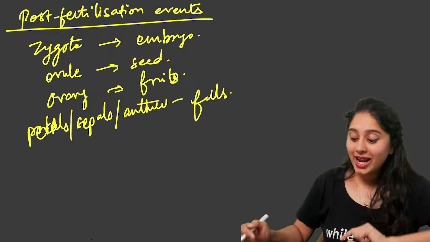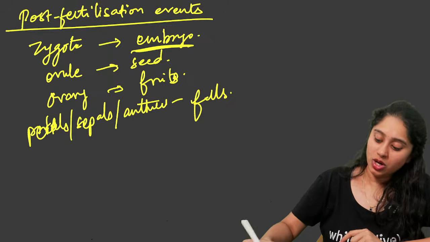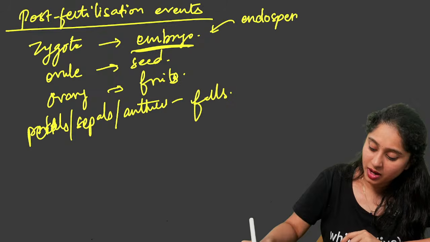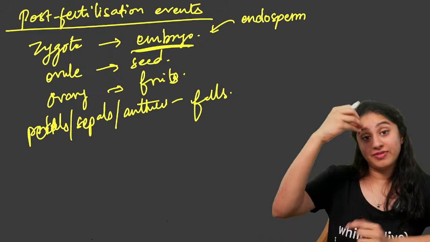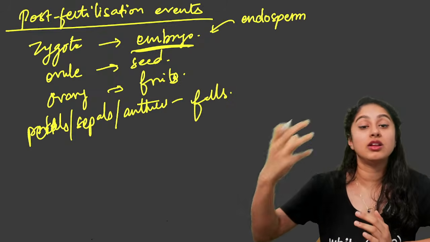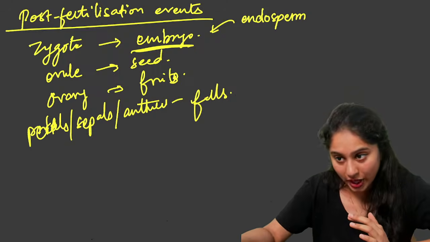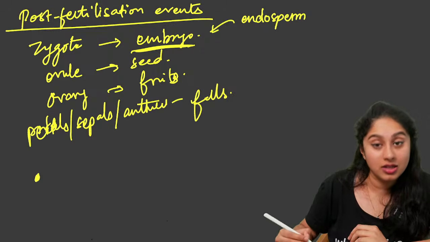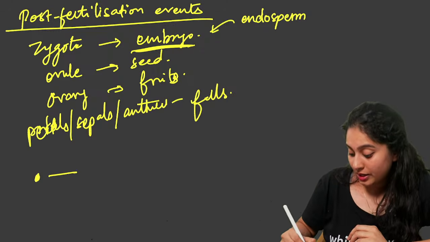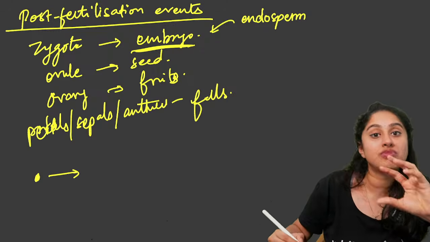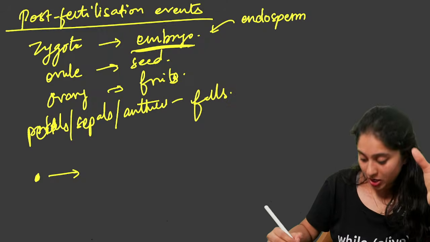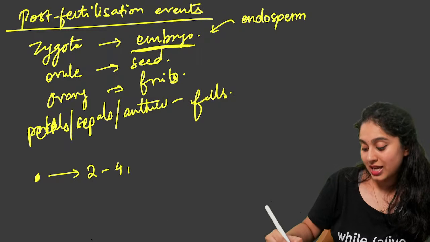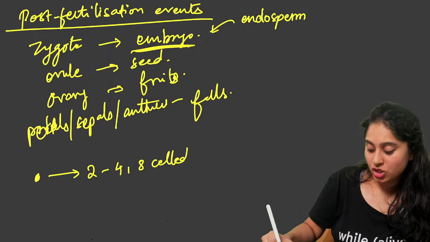Now, if you look at this particular embryo, the embryo is nourished by the endosperm until it finds the ground and external nutrition to start growing. This embryo starts as a single-cell stage, then moves further and forms a slightly bigger embryo. There is a 2-cell, 4-cell, 8-cell stage.